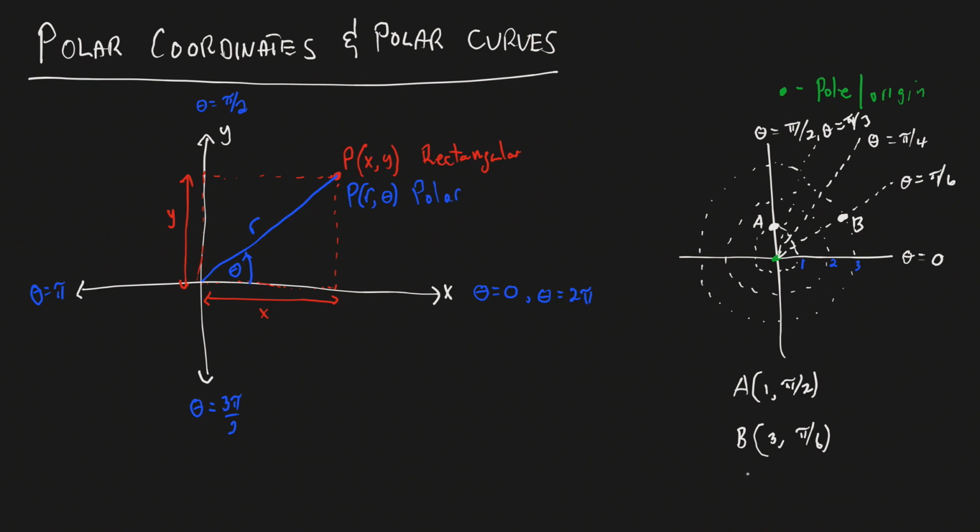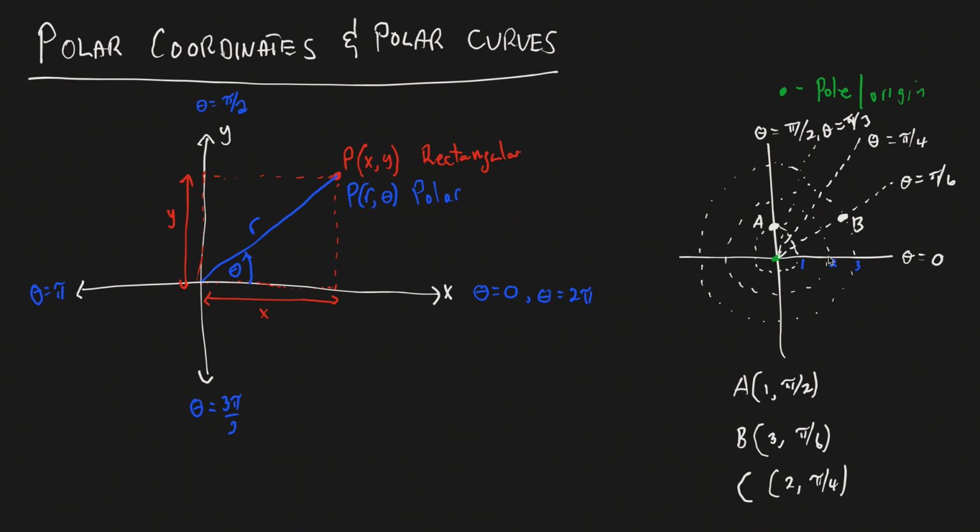All right, and then let's do one last one. Let's say we have C at 2 comma, let's say pi over 4, right? So find the circle in the middle. This one right here has radius 2. And then we just keep going around. I'm tracing out the same set of points, but using different values of theta.